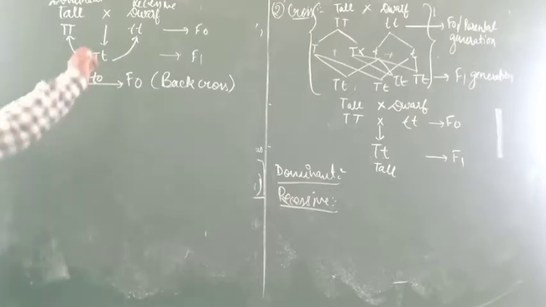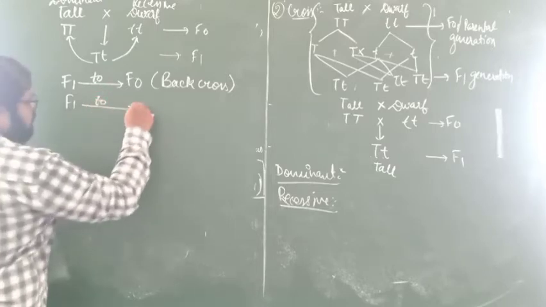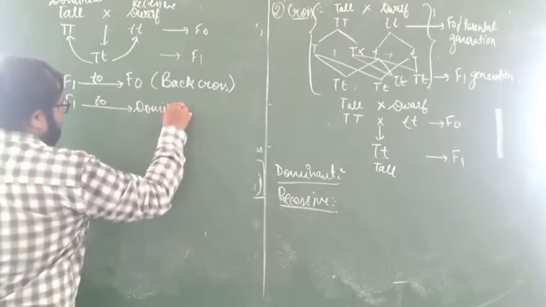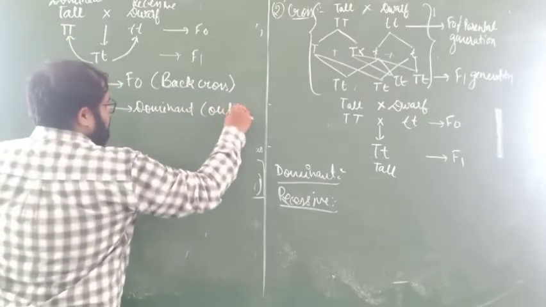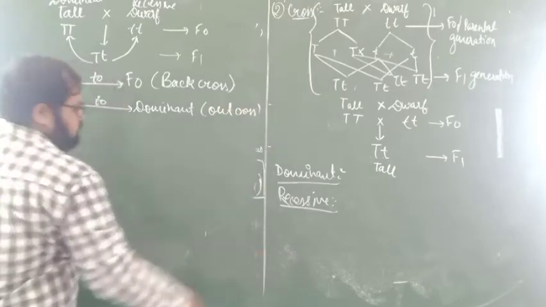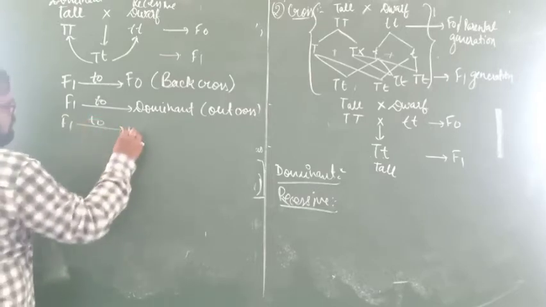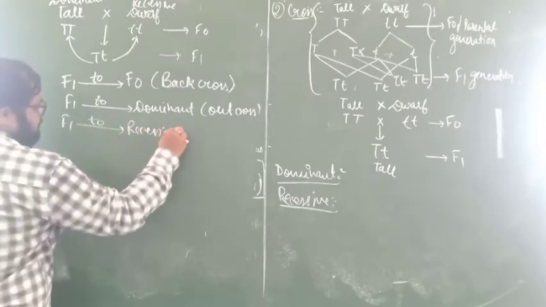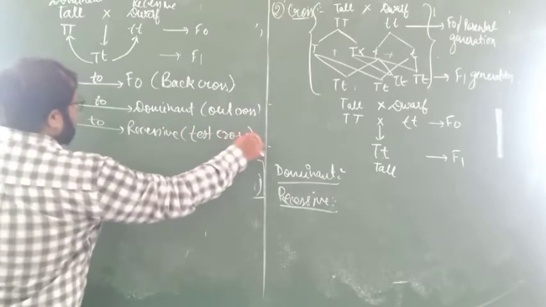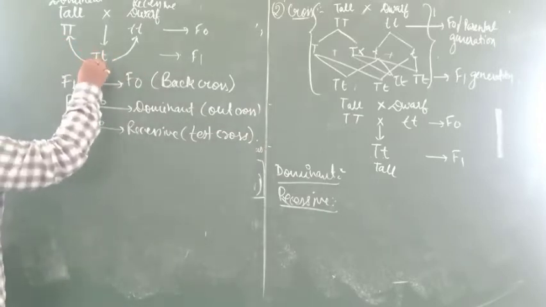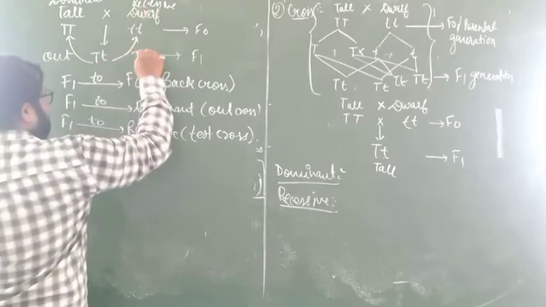And if the F1 generation is crossed with the dominant character, it is called an outcross. If the F1 generation is crossed with the recessive character, it is called a test cross.